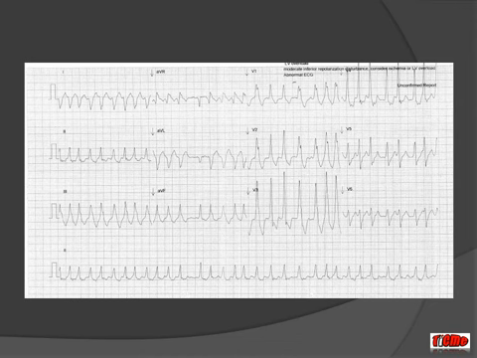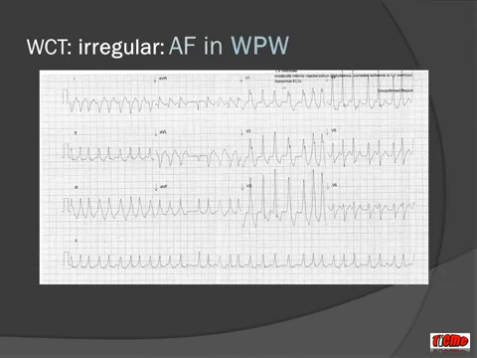Now why is it so important? Well, it's so important because in atrial fibrillation, remember the atria is fibrillating at up to 300 to 600 beats per minute. The presence of the AV node in the conduction pathway can slow conduction through to the ventricle and allow the ventricular rate to be relatively controlled.